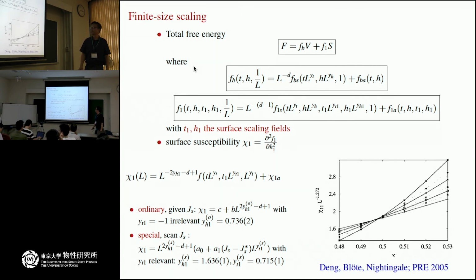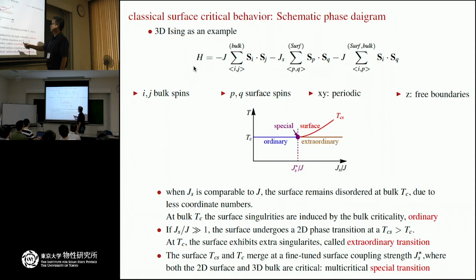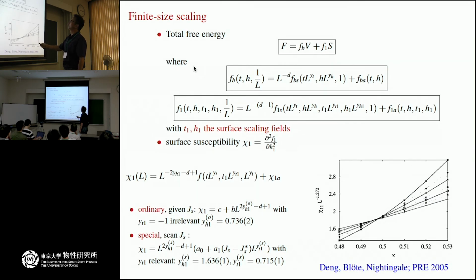So what are these T1 and H1? So they're also odd and even under Ising symmetry? Which one? YT1 and YH1? Oh, this one? Yeah, those two operators. No, this is something like Js minus J. It's additional. So that's YT1. And YH1 is similar, something like a magnetic field breaking this Ising symmetry.